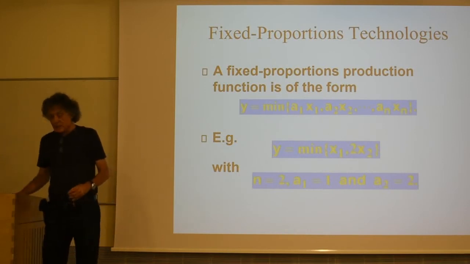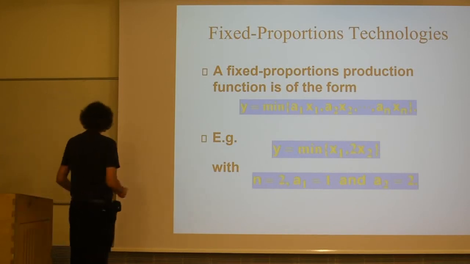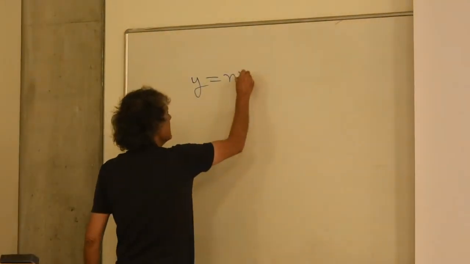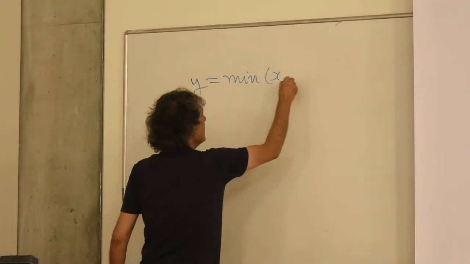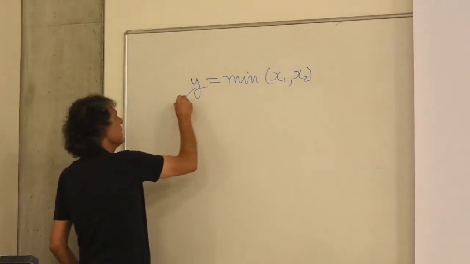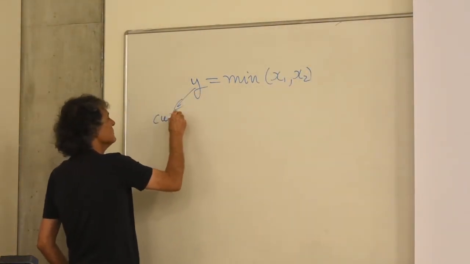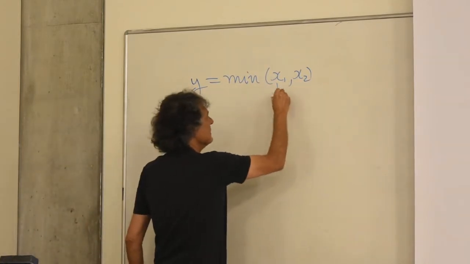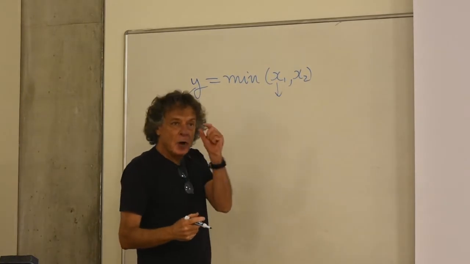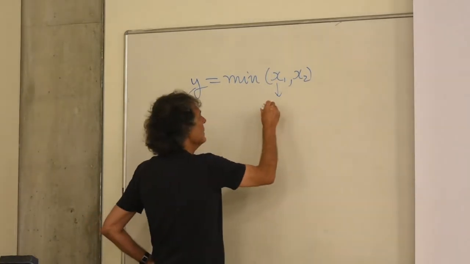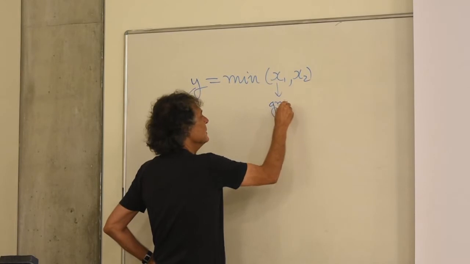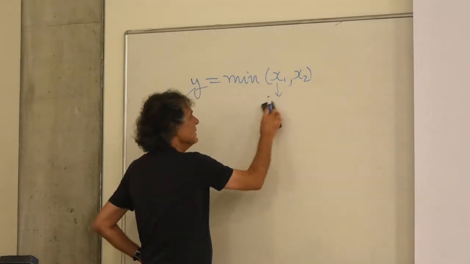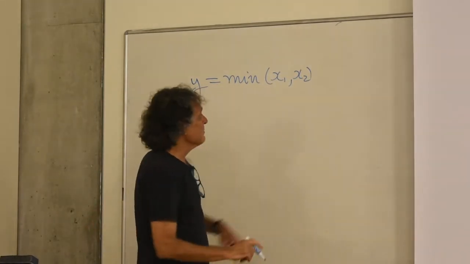So, if you remember, production of coffee, okay? So I want to produce coffee, and let's say this is minimum of x1, x2. This is the number of cups of coffee. And this is the teaspoons of ground coffee beans, to be consistent with our previous lectures.